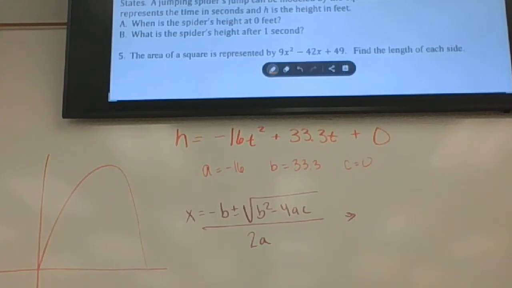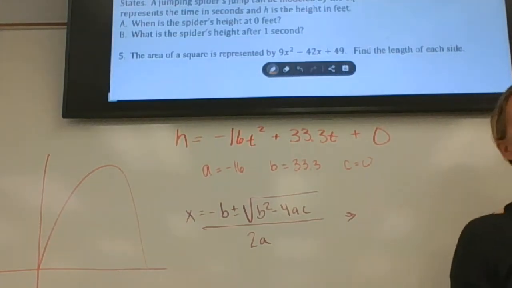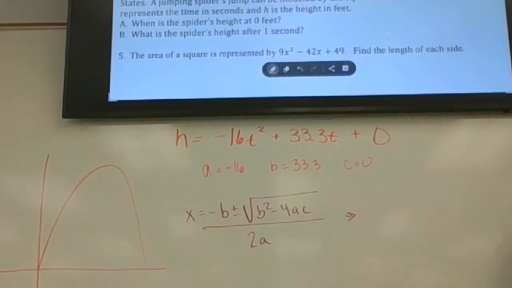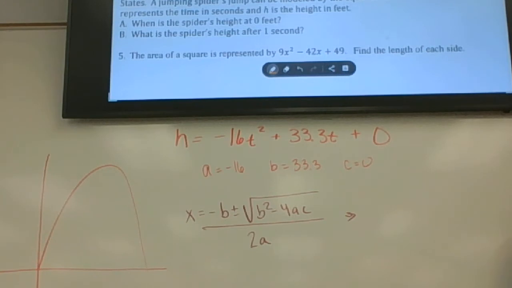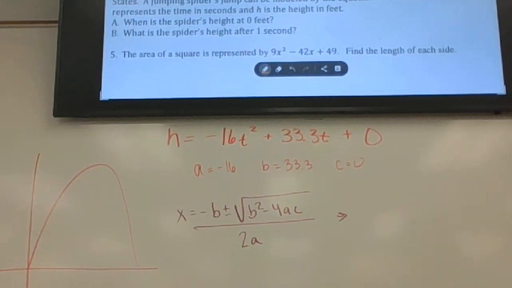So on your final exam, let me put your phone away. There's 34 questions. You have to get 17 right to pass. You have to get a 50 to pass. There'll be one question that you use this formula for, at least. There might be multiple that you could use it for, but there's at least one. Because there's going to be a curve on it.